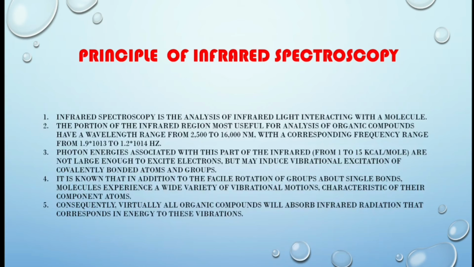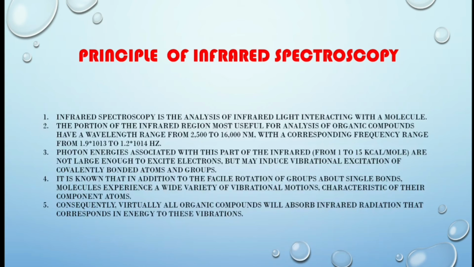infrared spectroscopy is the analysis of infrared light interacting with a molecule. The portion of the infrared region most useful for analysis of organic compounds has a wavelength range from 2500 to 16,000 nanometer with a corresponding frequency range from 1.9 × 10^13 to 1.2 × 10^14 Hz.